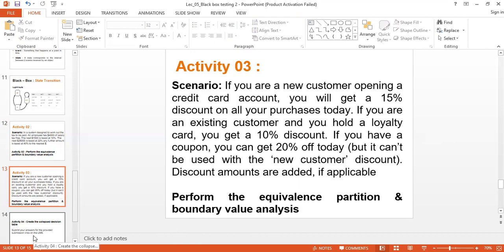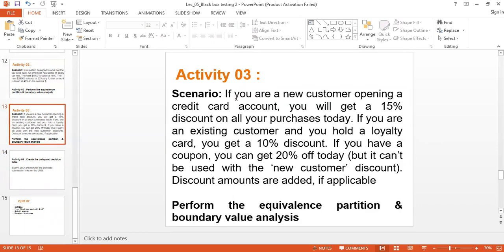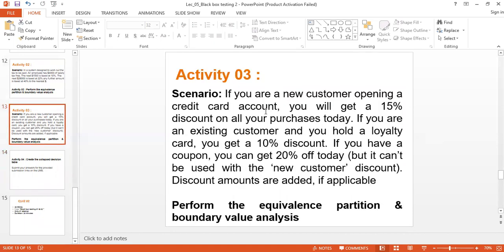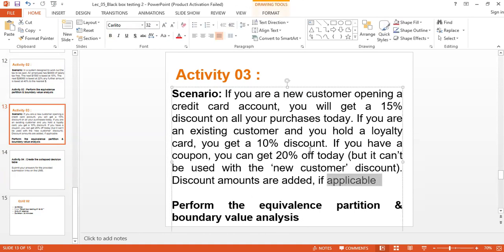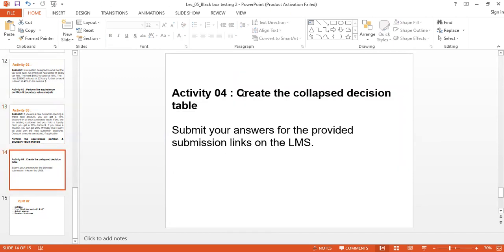And as the activity 4, right? So you have to create the collapse decision table based on this activity 3, right? මුලින් ඕගොල්ලෝ equivalent partition කරලා boundary value analysis කරාට පස්සේ ඕගොල්ලන්ට decision table එක ගොඩනගන්න පුළුවන්, right? ඊට පස්සේ ඒක collapse කරලා මට ඒක submit කරන්න, right?